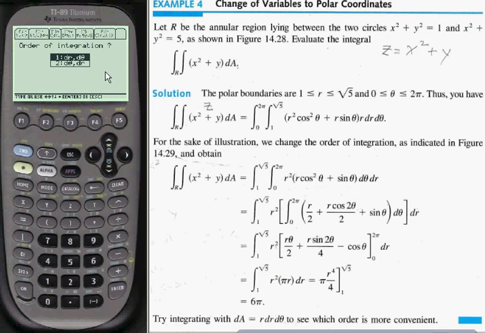Order of integration: we're going to do the dr d theta one first. Actually, we're going to do the other one first because they did that here. In this, they switched the order of integration to d theta dr. You can see d theta dr. So we're going to choose number 2 here, which I've programmed. When it says busy here, it's loading the program.